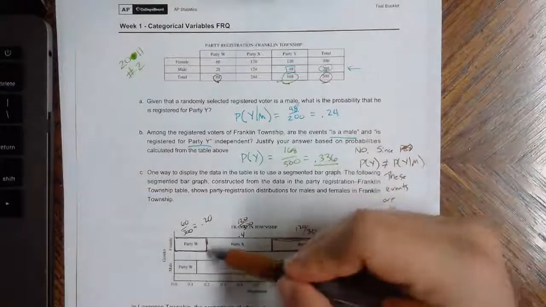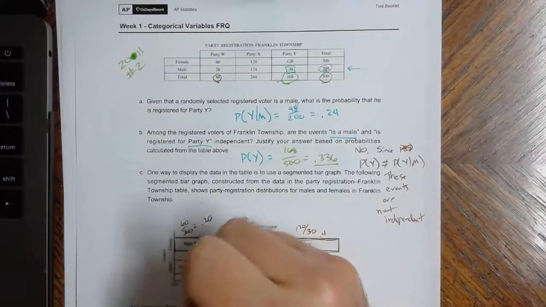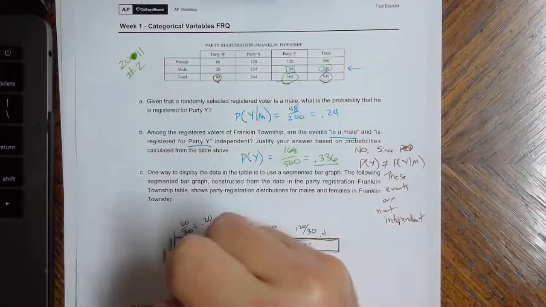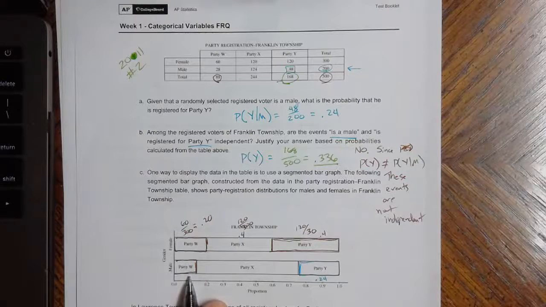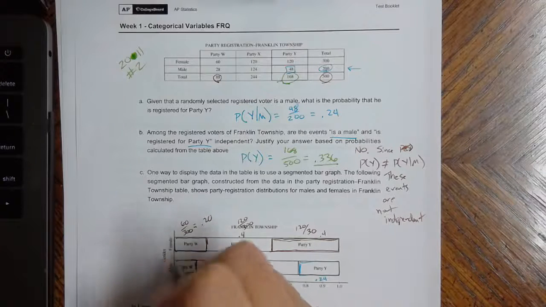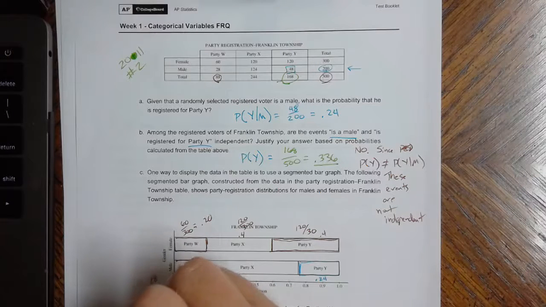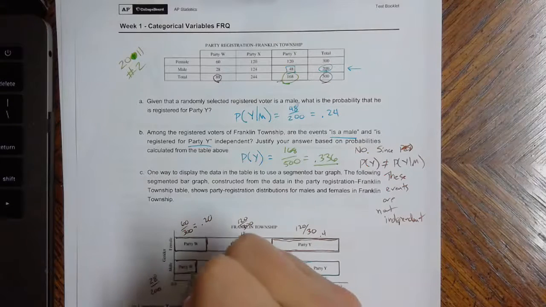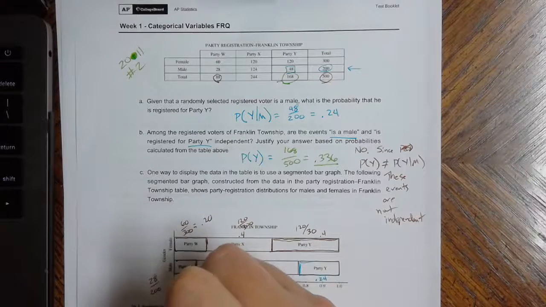Looking back at Franklin Township for a second, I didn't show you this earlier, but this number came from the males in party W, which as a fraction would have been 28 out of 200, which is 14%.